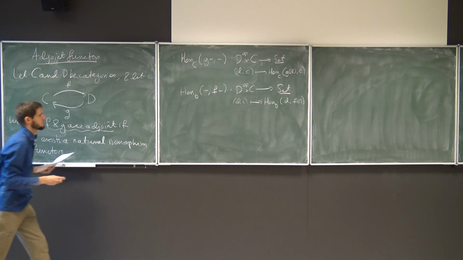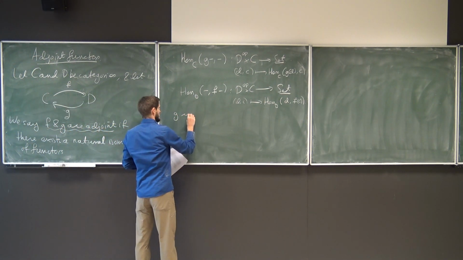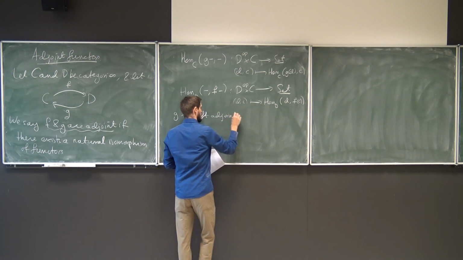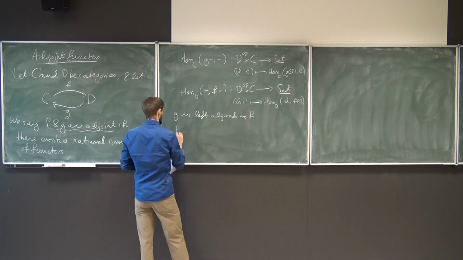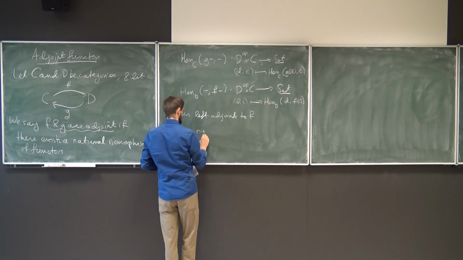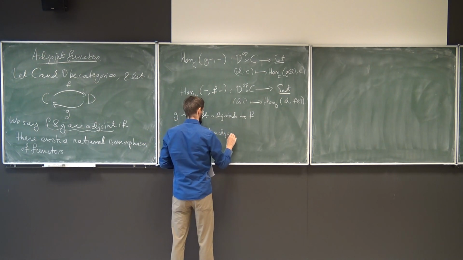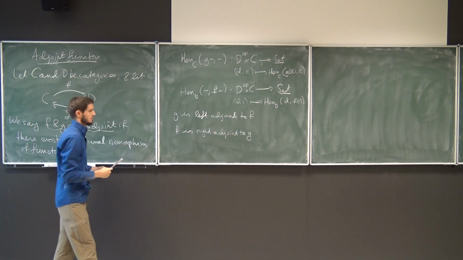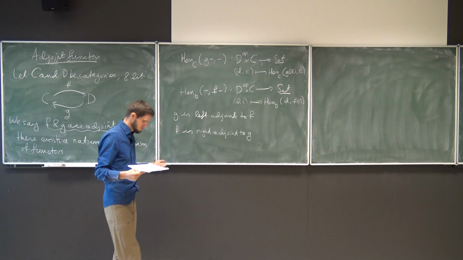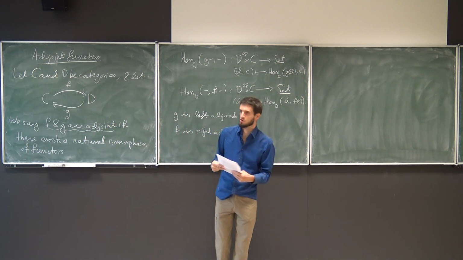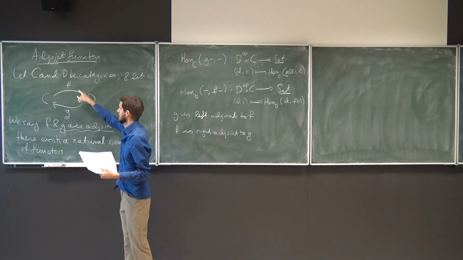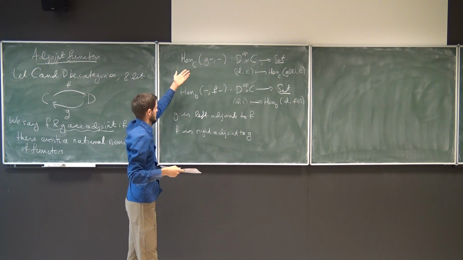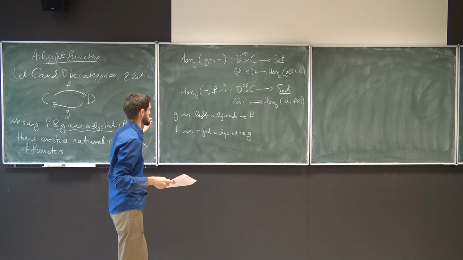To be more precise, I should say that G is the left adjoint to F, and F is, as you guessed, the right adjoint to G. For people who work with contravariant functors, these things get quite a bit more confusing, because if F and G are contravariant, then deciding which is the left and which is the right adjoint becomes a painful decision.